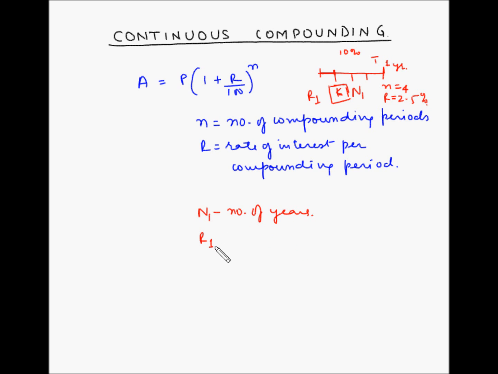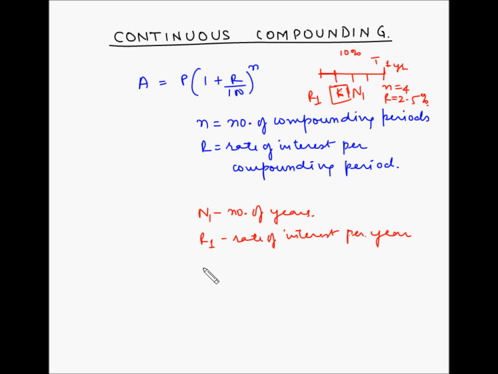Let's say R1 is rate of interest per year, and K is the number of times interest is being compounded per year.